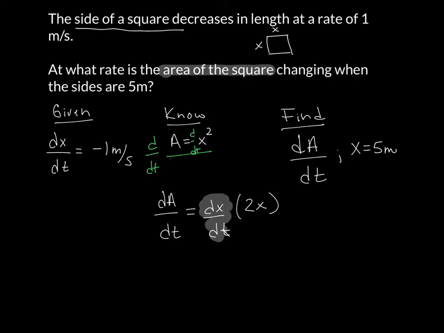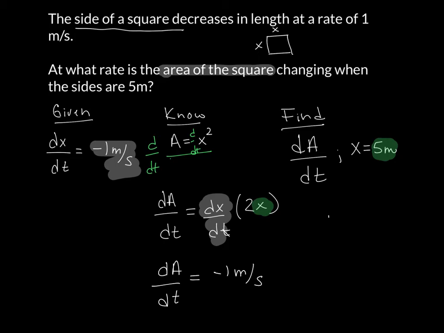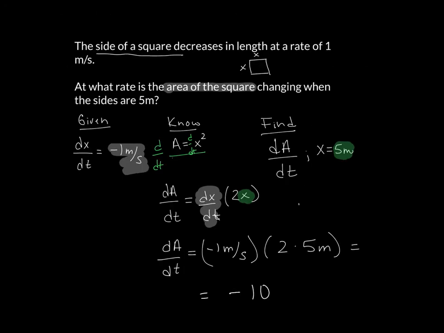I know that dx/dt is equal to -1 meter per second, and I also know that x is equal to 5 meters. And this tells me that dA over dt is equal to -1 meter per second times 2 times 5 meters, or that gives me -10 meters squared per second.